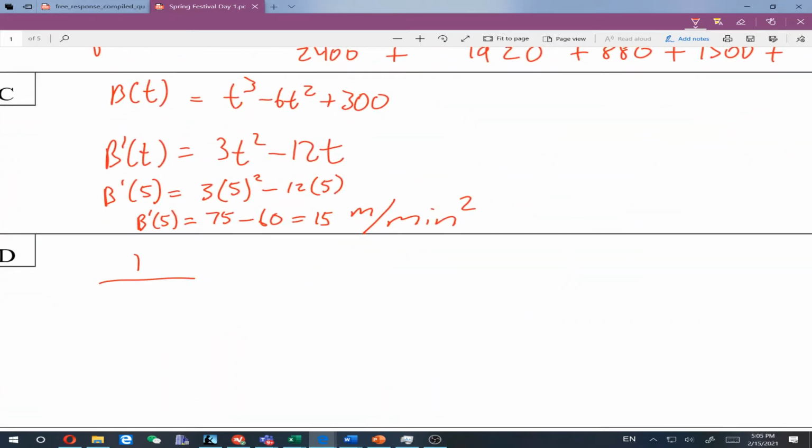Okay, we're going from 0 to 10, so 1 over 10, times, yep, which was t cubed minus 6t squared plus 300, and we're going to do that in terms of t. Okay, I'm going to have you keep going. So what happens when I integrate right now?